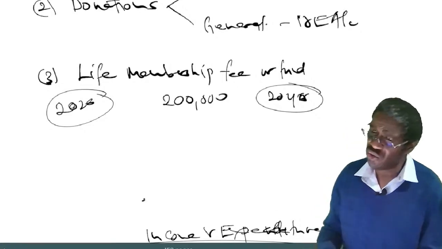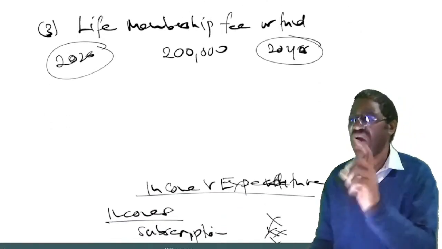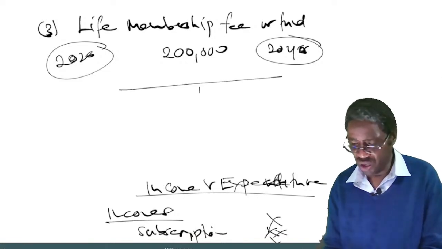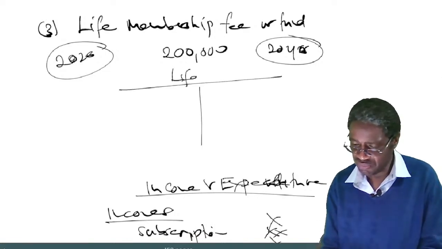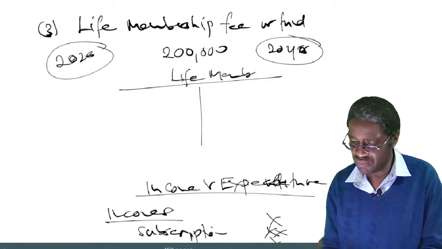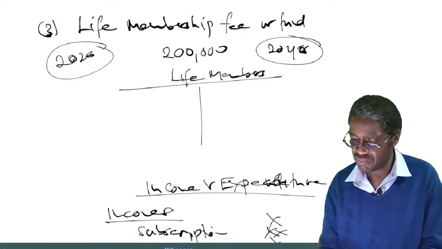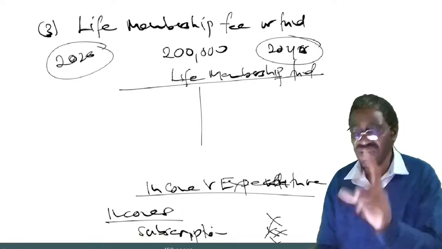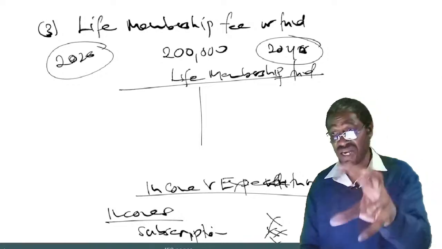So what you will do, you will create a life membership fund account. You are receiving 200,000. Money in the bank is increasing.